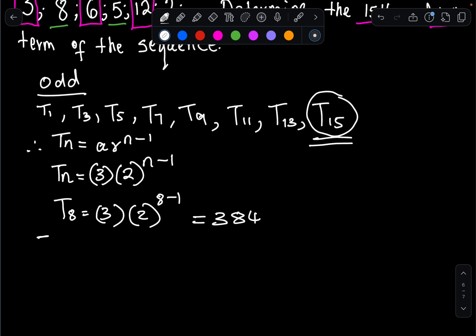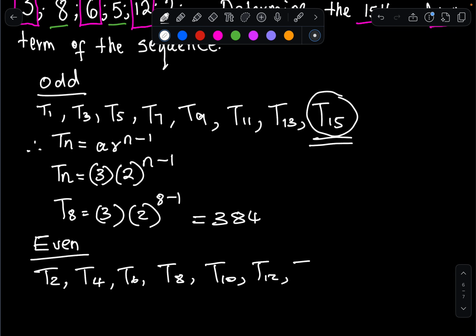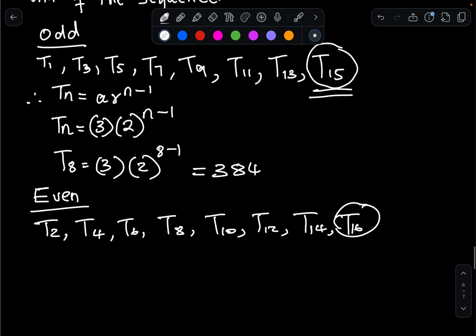Now let's do even. We agree that even is term 2, term 4, term 6, term 8, term 10, term 12, term 14, and term 16. I'm going to stop at 16 because that's where I want to end up. Term 16 is basically, let's see, we have 1, 2, 3, 4, 5, 6, 7, 8.